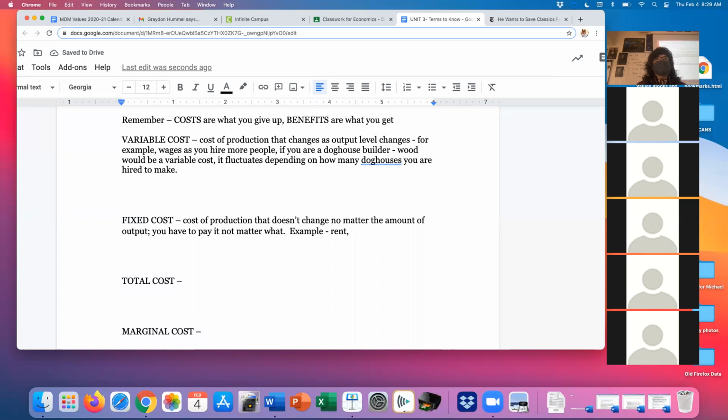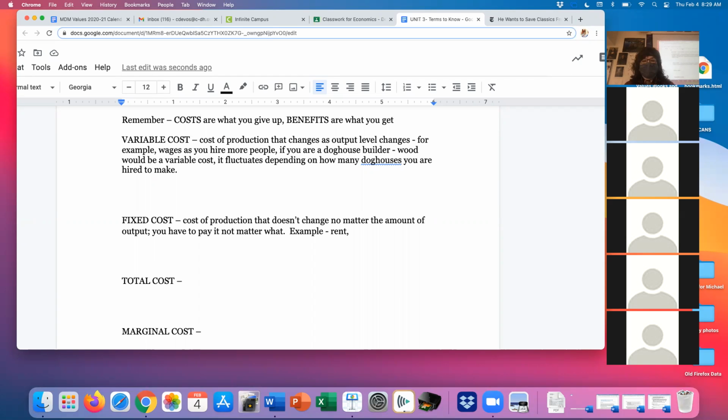If I have my doghouse building operation, let's say, and I have this little shop that I rent, right? My rent stays the same no matter how many doghouses I make or how few doghouses I make. No one's saying, well, you're not working that much in that thing, so you don't have to pay that much rent. Not at all, okay? So rent is a fixed cost. It does not change. Unless for some reason your rent goes up, but it doesn't change depending on the amount of output, the amount of what we're producing, okay?